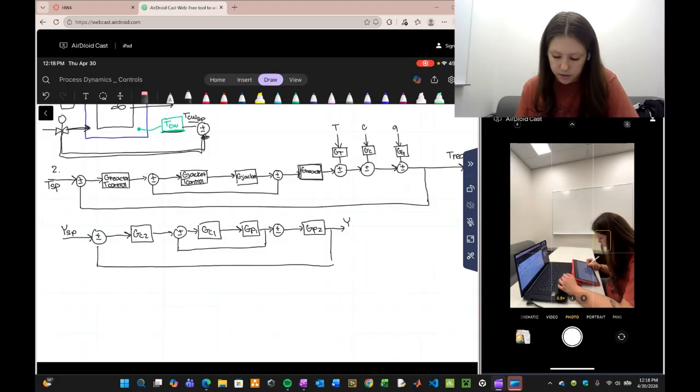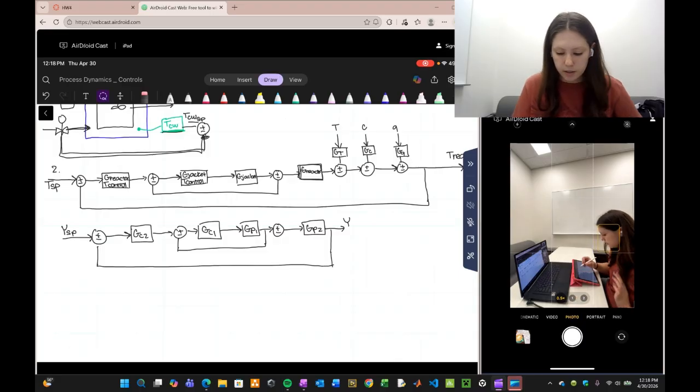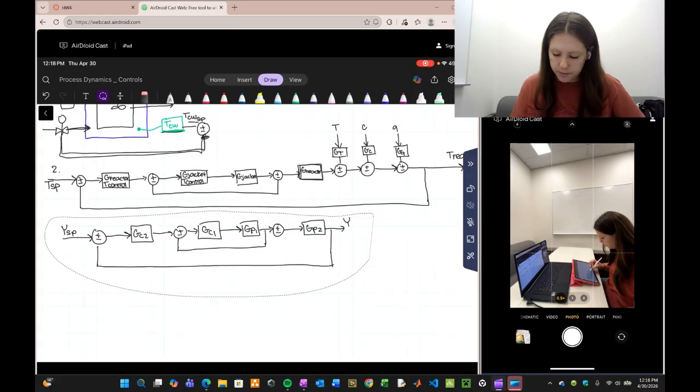And we will have a disturbance coming in for this one. I'm going to move it down a little bit.